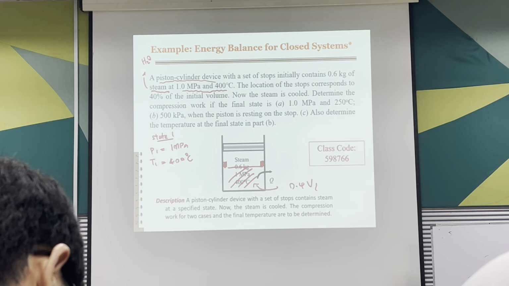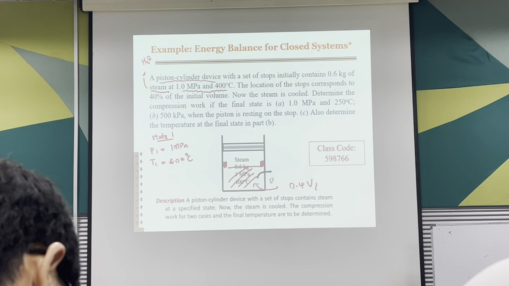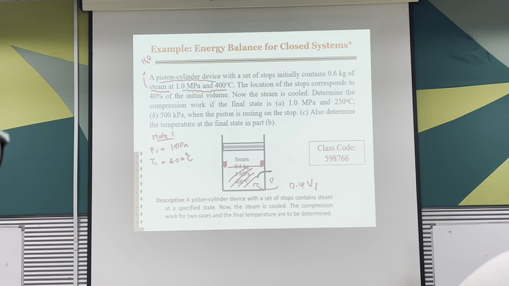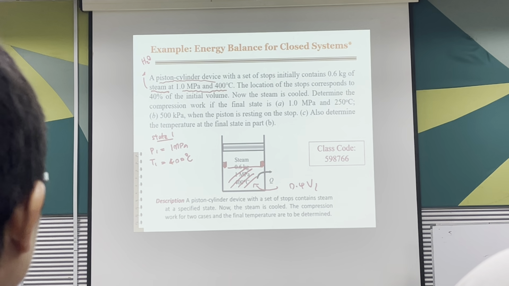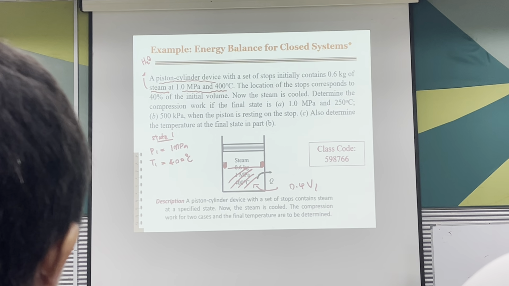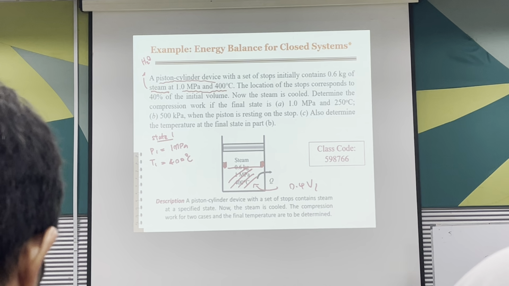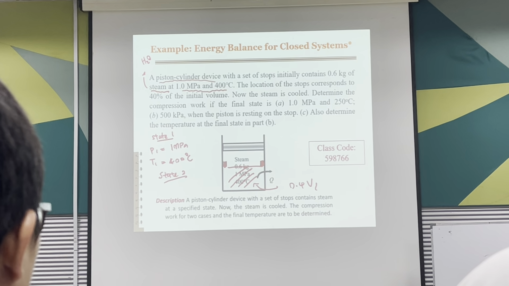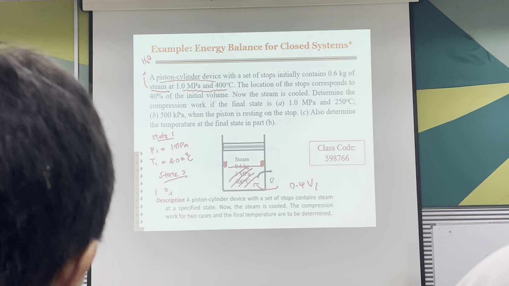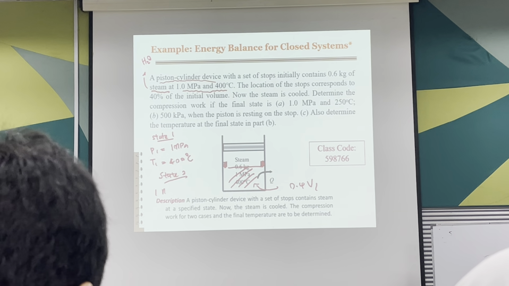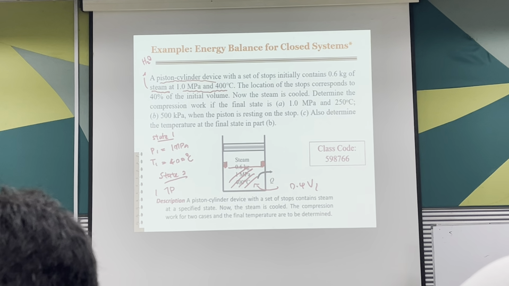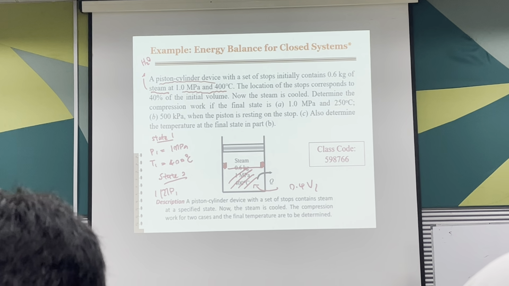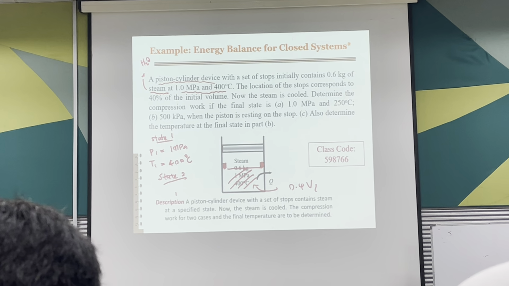So now the steam is cooled. So you have Q out. Determine the compression work. If the final state is 1 megapascal and 250 degrees Celsius, so that would actually be your state 2. Okay, stop.